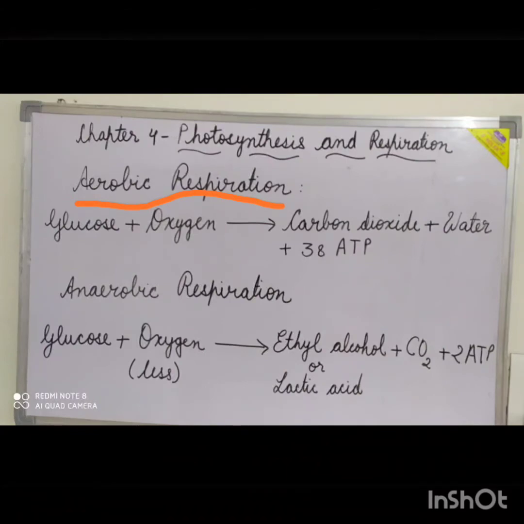The word equation for aerobic respiration is as follows: glucose plus oxygen produces carbon dioxide plus water plus 38 ATP as energy. Aerobic respiration takes place in most organisms, including human beings, animals, and plants.